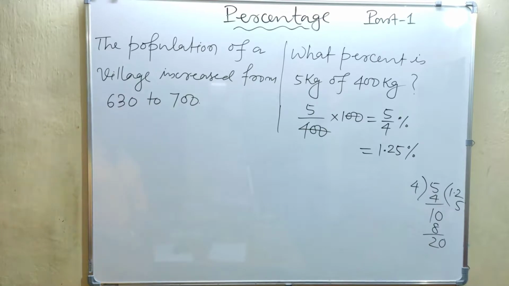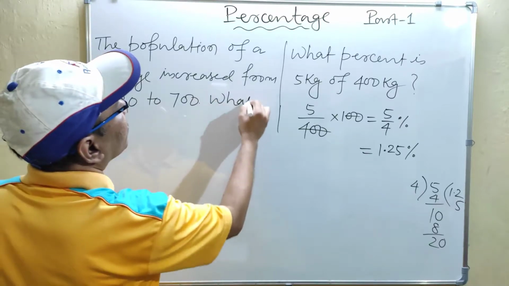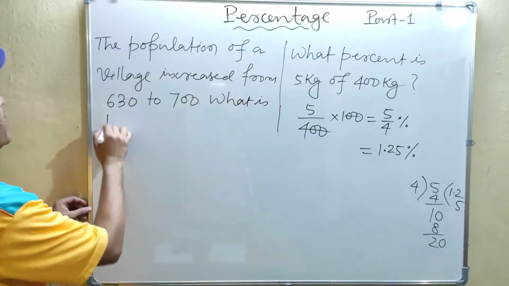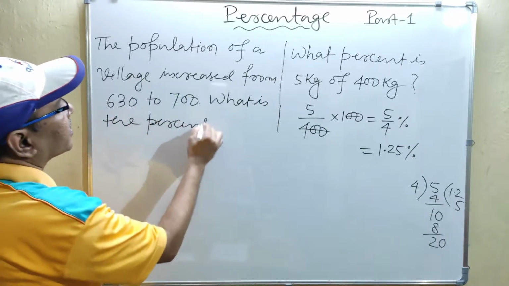Suppose population of a village increased from 630 to 700. 630 था, बढ़ के 700 हो गया. What is the percent increase? Percent increase.